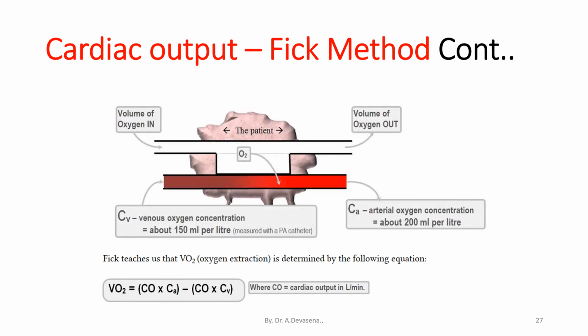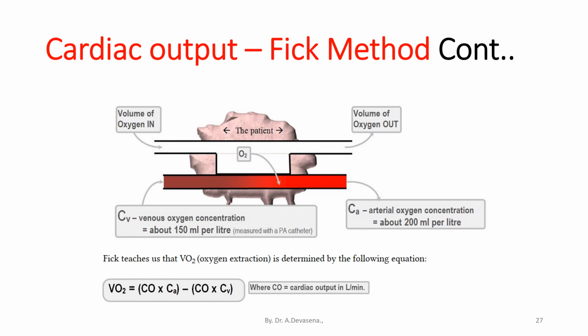In this diagram, we are calculating the oxygen flow in the blood, that is, the volume of oxygen in and the volume of oxygen out from the patient. Venous oxygen concentration, C suffix V, is calculated and arterial oxygen concentration, C suffix A, is calculated.